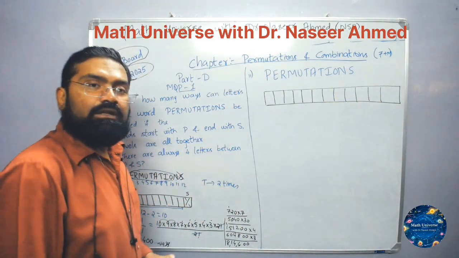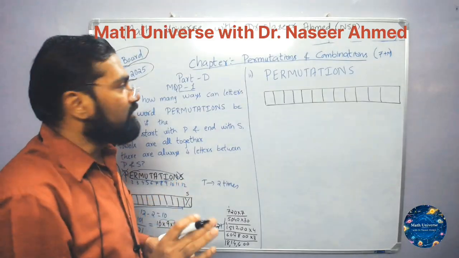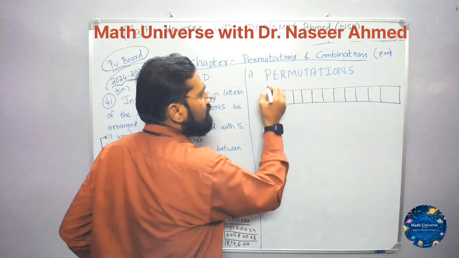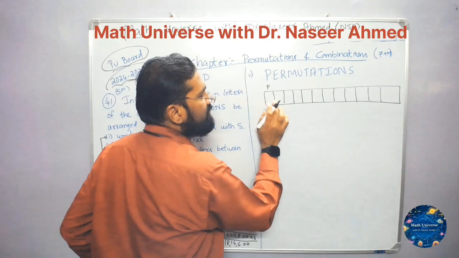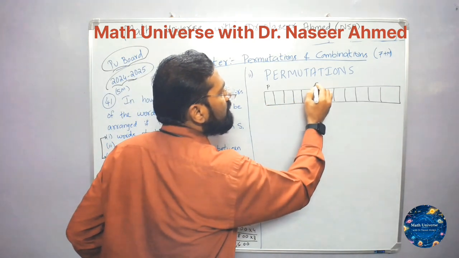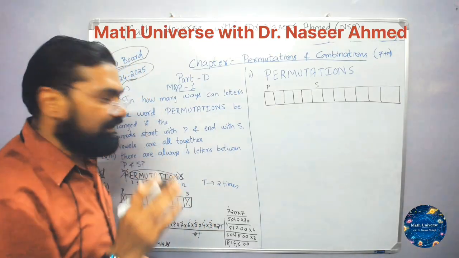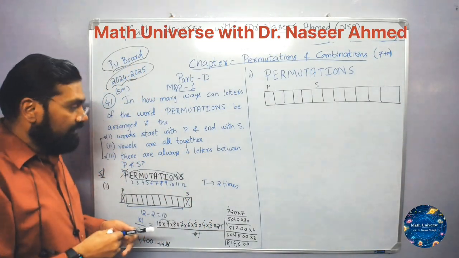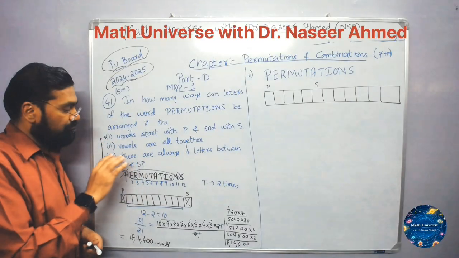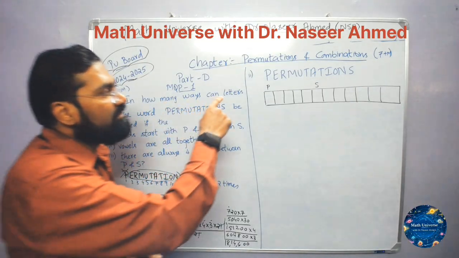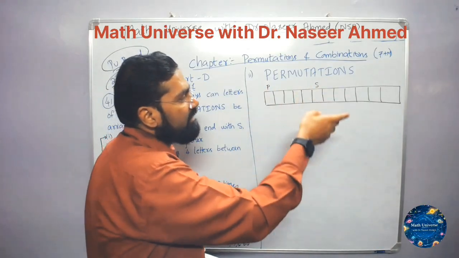Now they are saying in between P and S 4 letters should be there. Now see carefully. I'm not going to write P here. If I fix P here for a while, just see. Now leave 4 boxes empty. 1, 2, 3, 4. S should be here. Why? They said there are always 4 letters between P and S. They didn't specify that P should be at the first or S should be at the last.